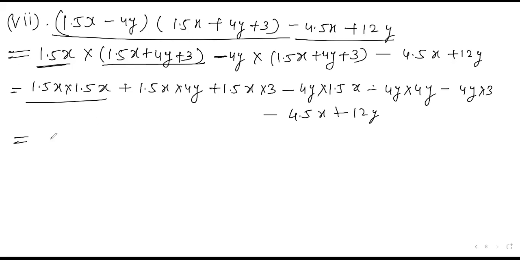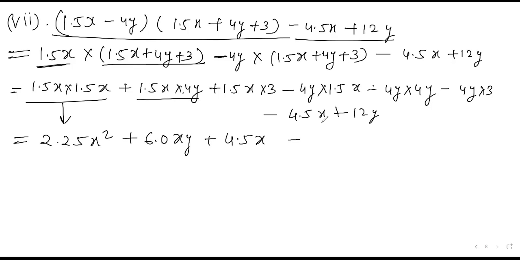Now this will give you 2.25x square. If you multiply 1.5 and 1.5 it gives you 2.25, and this will give you 6.0xy. 15 fours are 60, decimal point one digit apart.